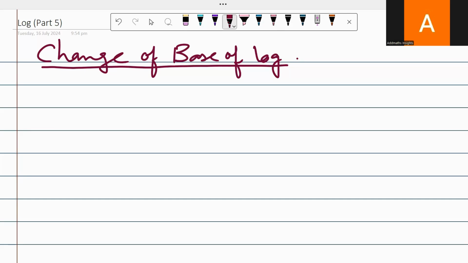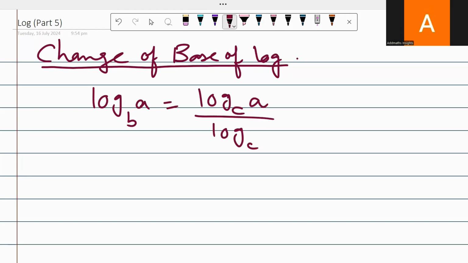For example, you can express log base B of A equals log base C of A over log base C of B. It means if you want to change this base B into a new base C, you write log C A and then log C B. This is how you can express a logarithm in the form of another base.